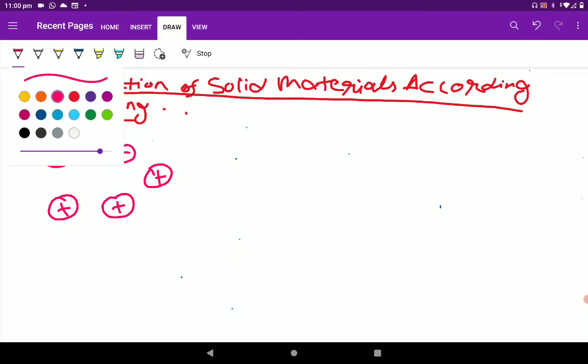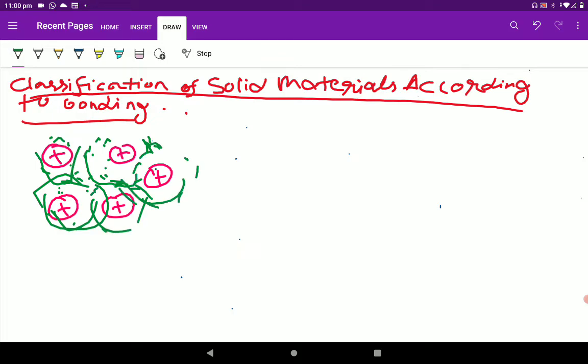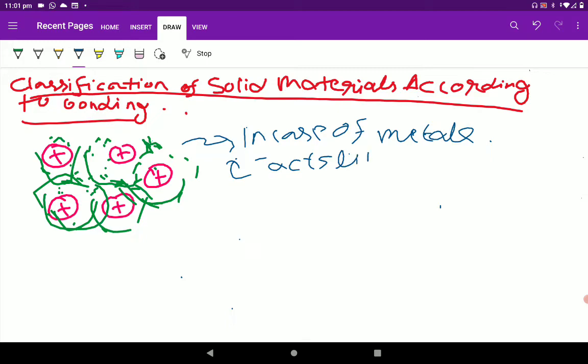So in the case of metals, the electrons act like liquid glue. These are the electrons. In the case of metals, electrons act like a glue, and metals have less change in density.